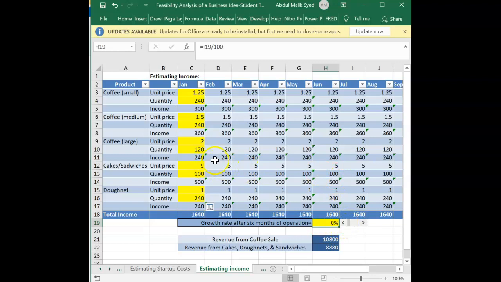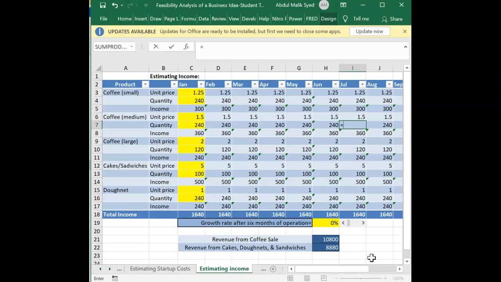Okay, let's assume that the quantity is going to be changed. So let's say the medium coffee business is going to change.